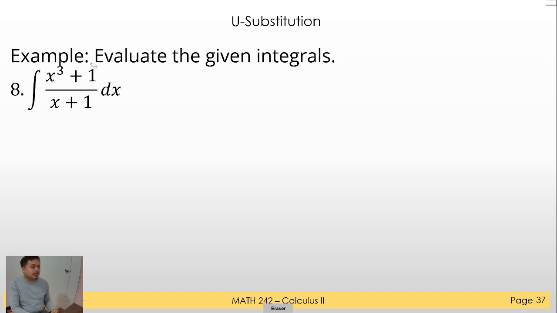We know that x cubed plus 1 is equal to x plus 1 multiplied by x squared minus x plus 1. Is that correct? So therefore, we have to factor this out so that we could cancel this x plus 1.